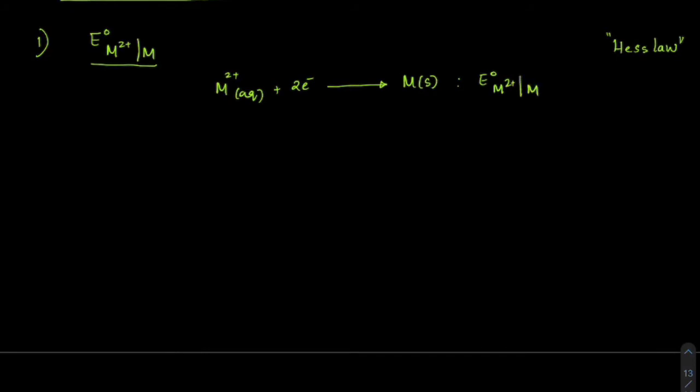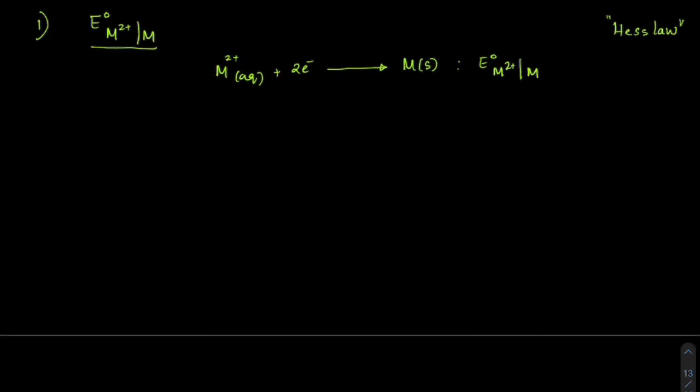From electrochemistry, I am pretty sure you can get that. Now, if I put it in terms of oxidation, I will write the overall reaction as M solid going to M2+ aqueous plus 2 electrons, and we usually represent this as M to M2+. This is the oxidation potential. Let me write the Hess law for this overall reaction here.